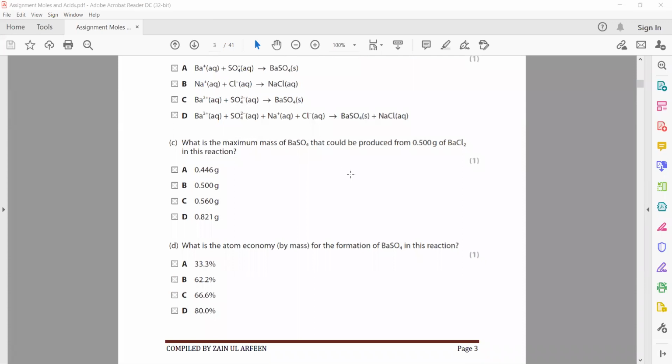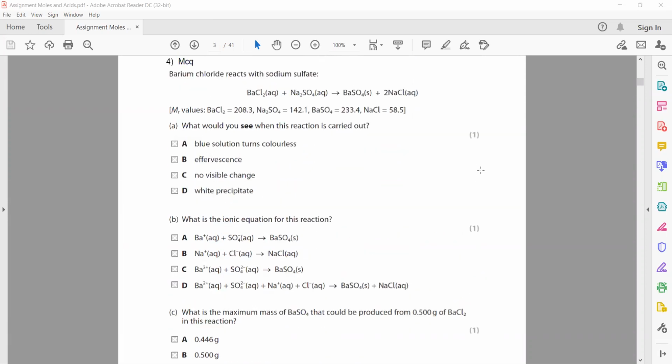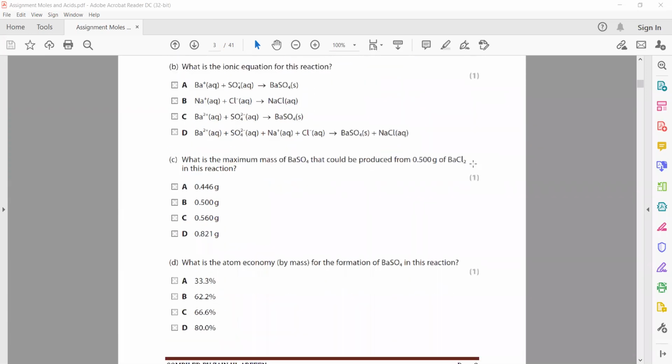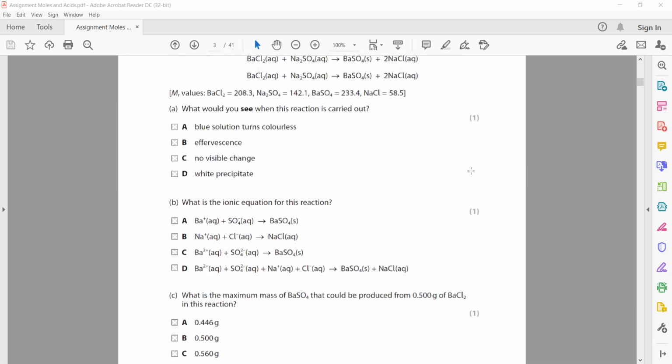The next part: what is the atom economy by mass for formation of barium sulfate? The atom economy is the mass of the desired product divided by the total mass of reactants or products, times 100.